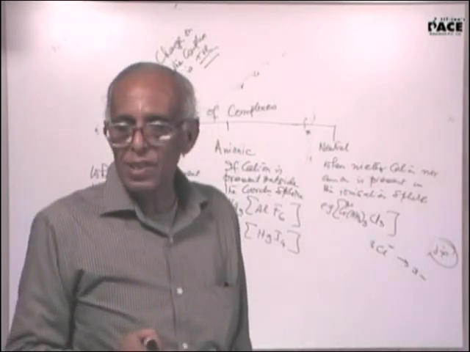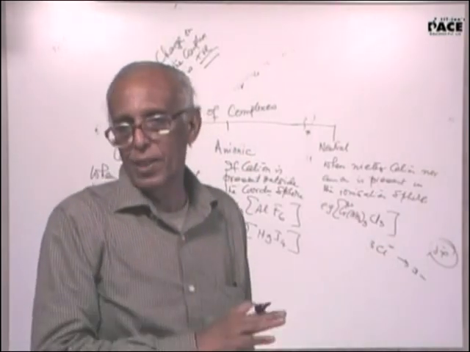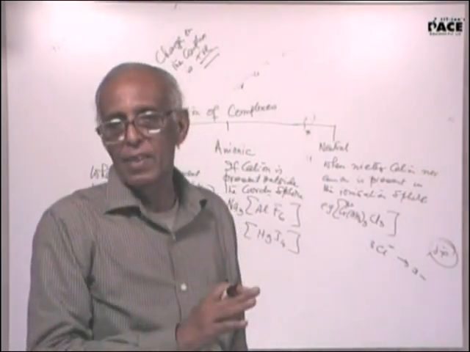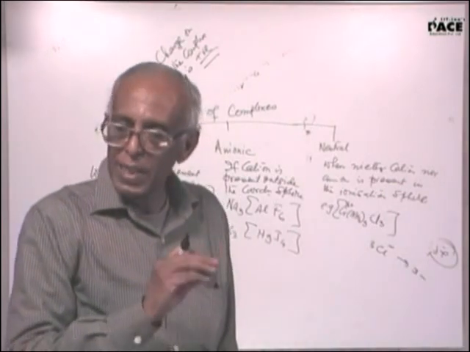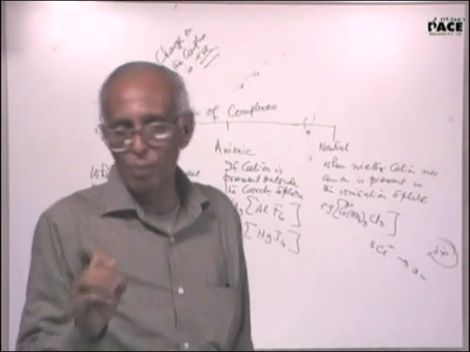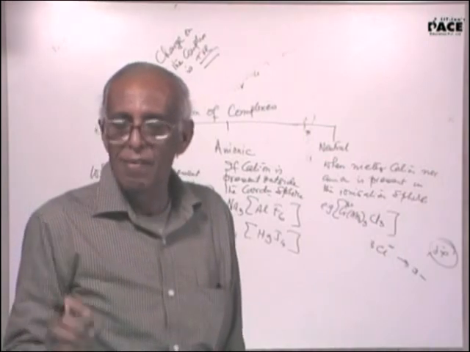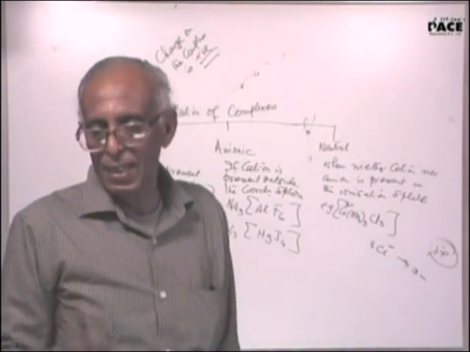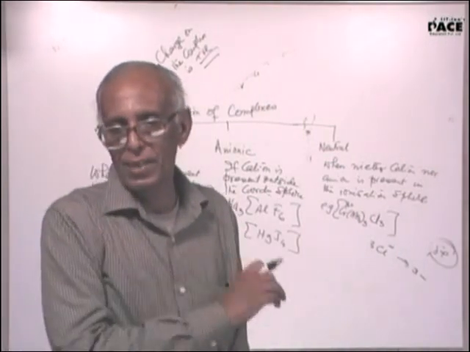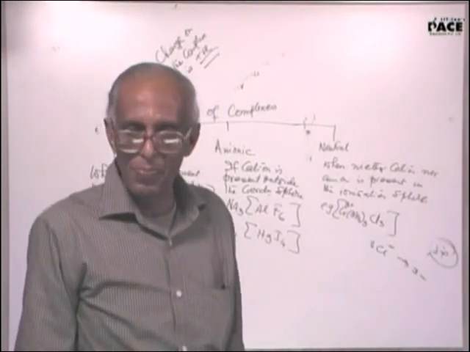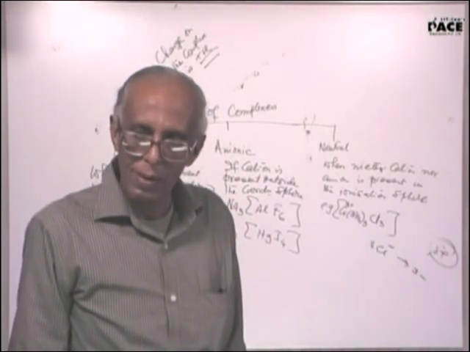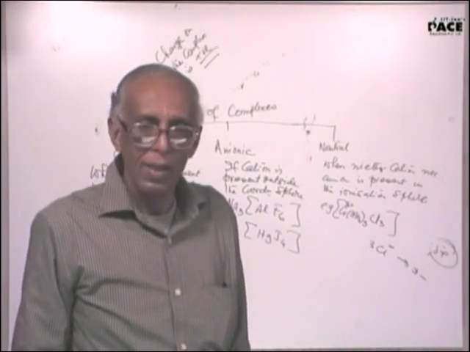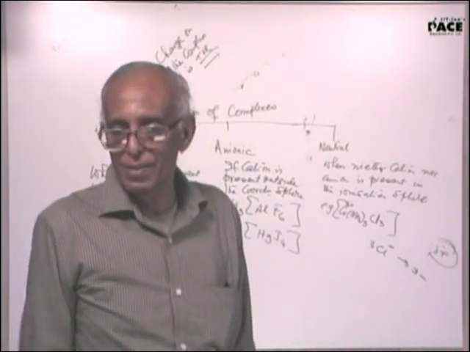Neutral complex can be differentiated from cationic and anionic easily. Can you suggest a technique I can use to distinguish neutral from cationic or anionic complex? No ionization sphere exists. Measure the conductivity.